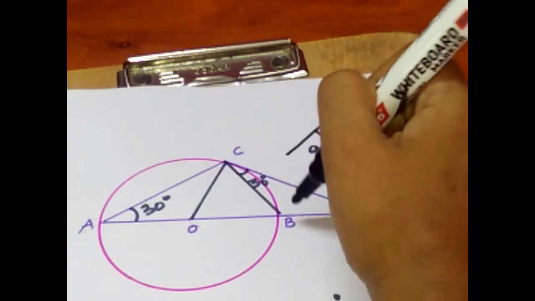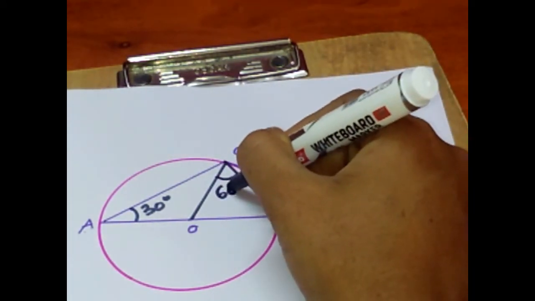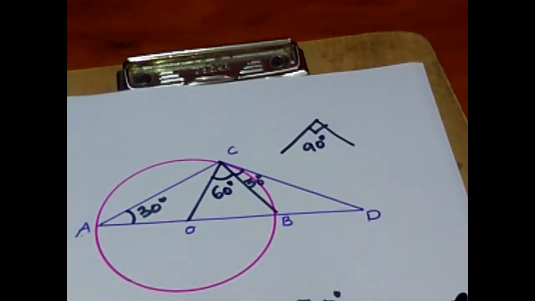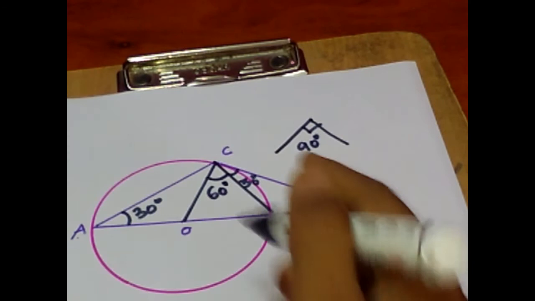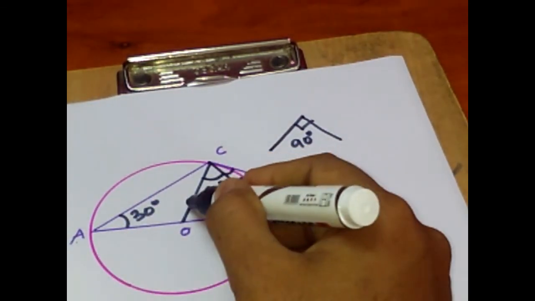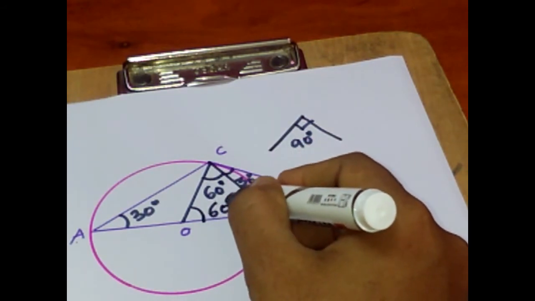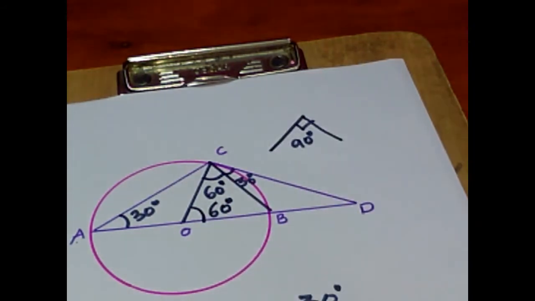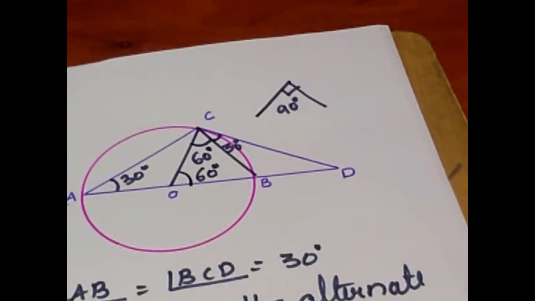Now part of the angle is 30, hence the remaining angle will be equal to 60 degrees. That is point number 1. Next, point number 2. Here CAB is the angle at the circumference, hence the angle at the center COB is equal to 60 degrees. The angle at the center is twice the angle at the circumference.